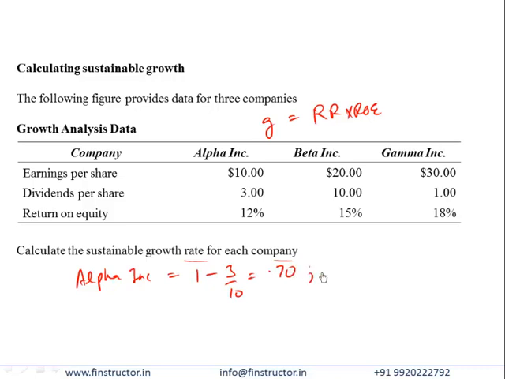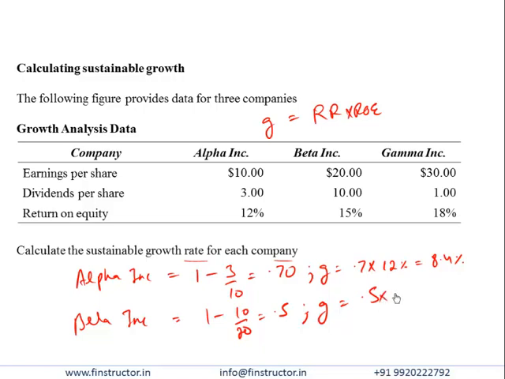And the growth would be equal to the retention ratio times the ROE, that is approximately 8.4%. Similarly, for Beta Incorporated, it would be 1 minus 10 by 20, that is 0.5, times the ROE of 15%, which will be 7.5%.